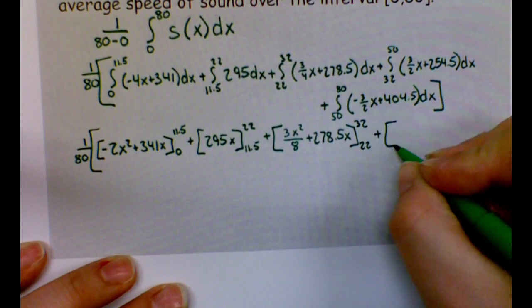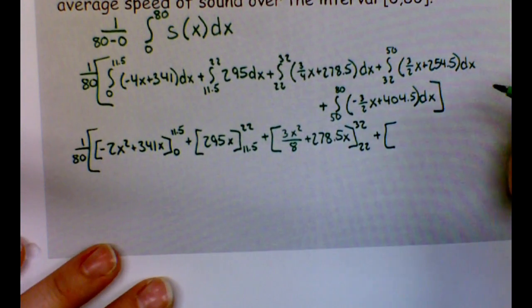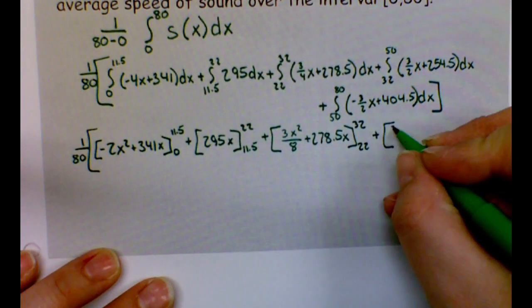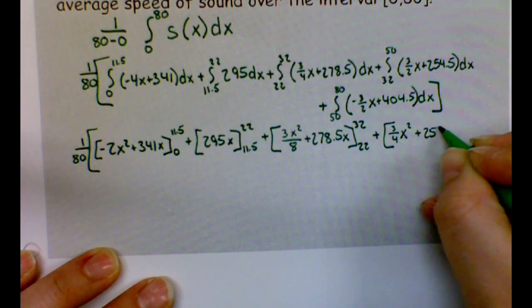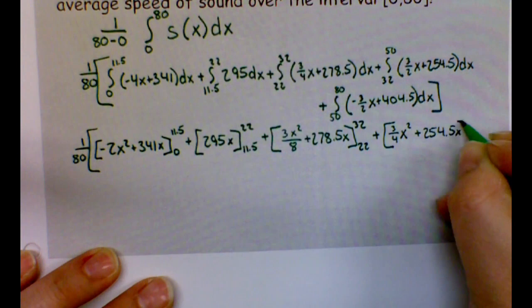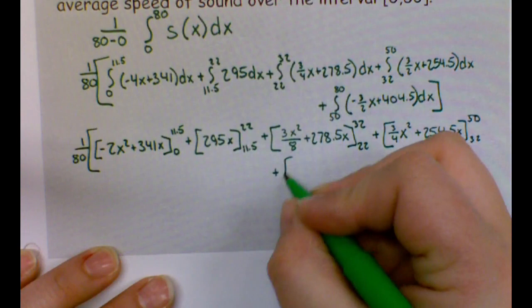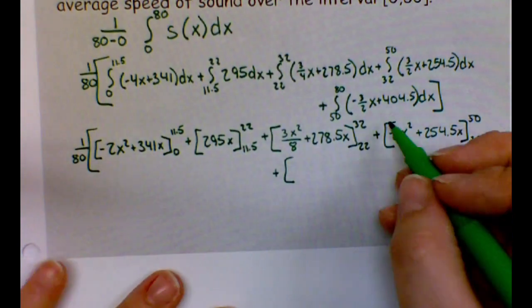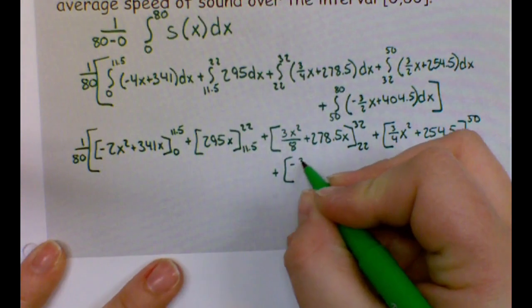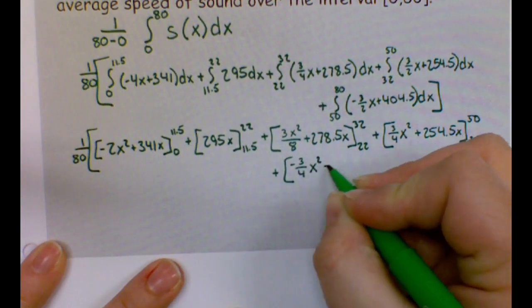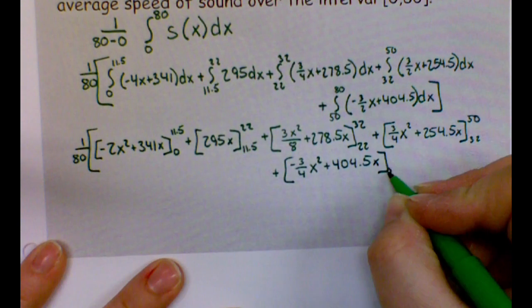Plus the antiderivative of 3/2 x plus 254.5 is 3/4 x squared plus 254.5x from 32 to 50. And our final piece, the antiderivative of negative 3/2 x plus 404.5 is negative 3/4 x squared plus 404.5x from 50 to 80.